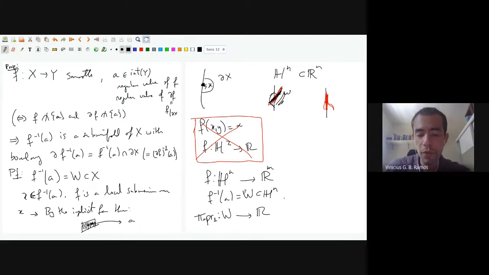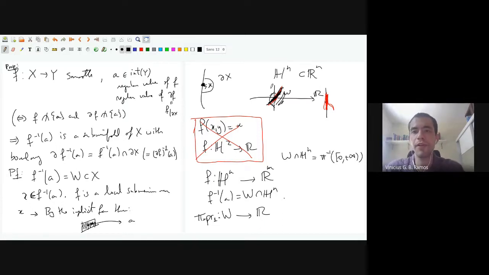Okay, so what you really want is to take W intersected with Hn, because your W could potentially go outside. And the point is that the intersection of W with Hn is going to be exactly pi inverse of 0 to plus infinity, because the projection to the first coordinate is just this.